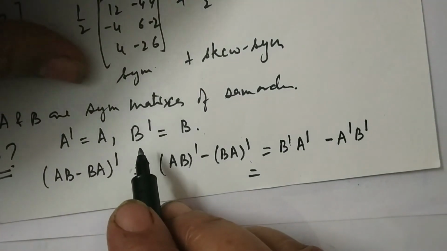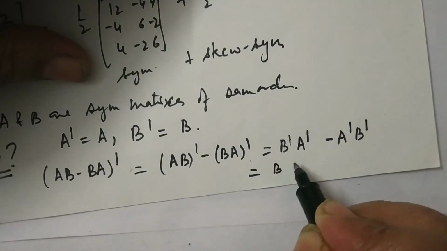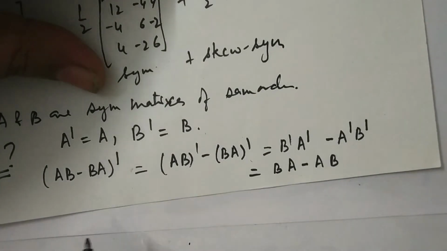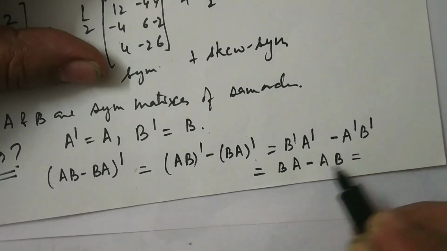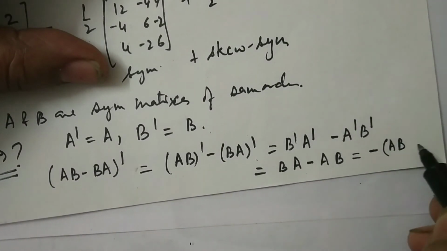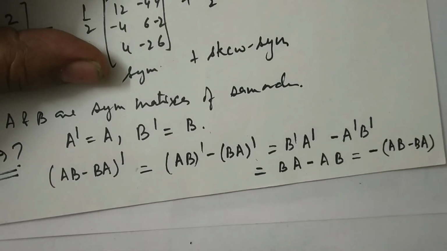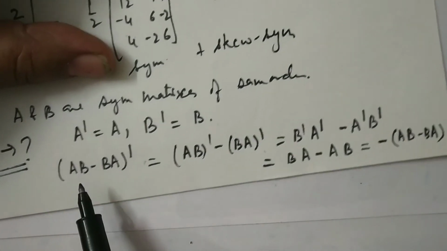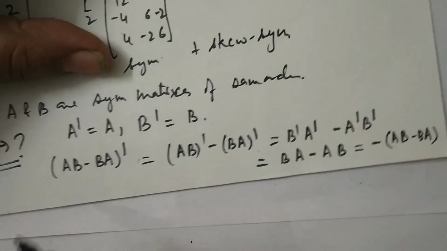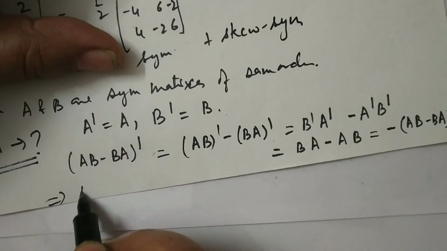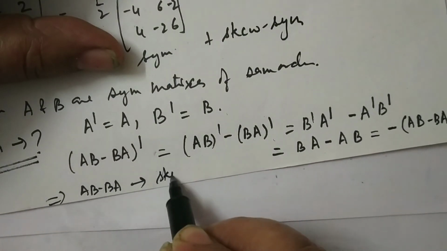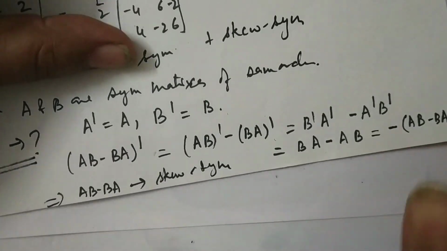And B transpose is B again, A transpose is A again, so this is minus A again and this is B. So I see here, if I take minus common, it is equal to minus (AB minus BA). So I can say that (AB minus BA) transpose is equal to the negative of the same. Hence I can conclude that AB minus BA is skew symmetric.